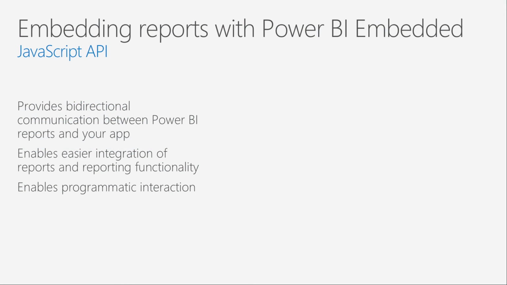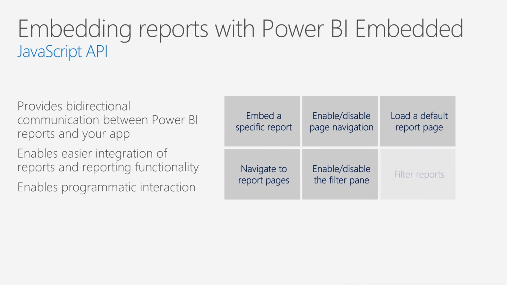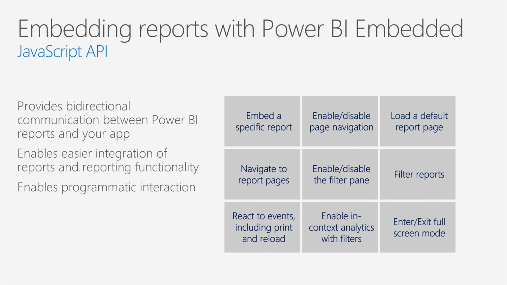The JavaScript API. So now that we've embedded the report, there's some amazing things that you can achieve with this client-side script. It provides bidirectional communication between the report and your app, enables easier integration, and enables programmatic interaction. So we can embed a specific report. That was what the first code had just done. We can enable or disable page navigation or filters.